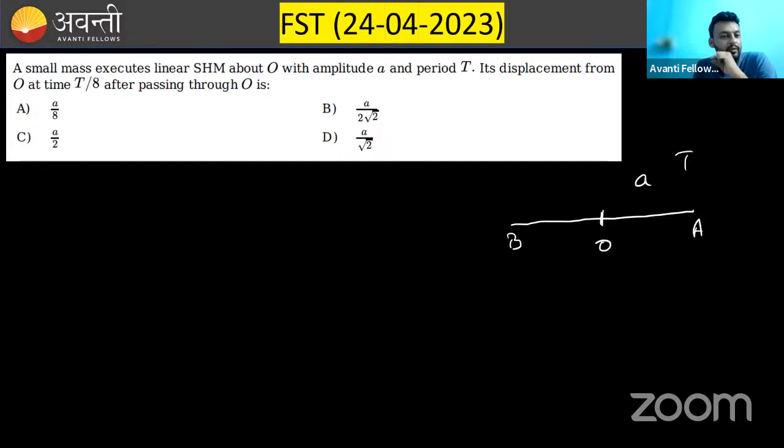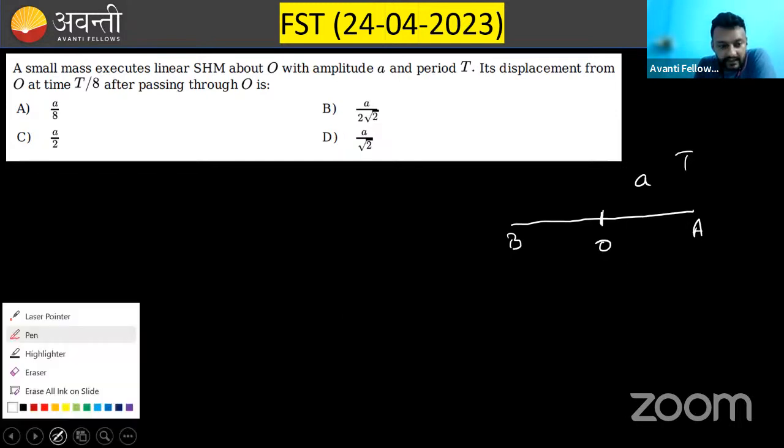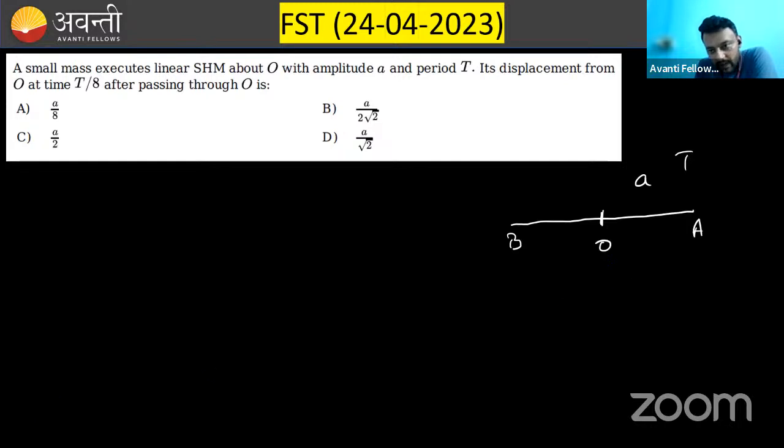Its displacement from O at time T by 8 after passing through O. So listen to me very carefully now. The particle has just passed from O. Let's suppose at t equals 0 it has passed from O. So after time T by 8, it will be somewhere here.